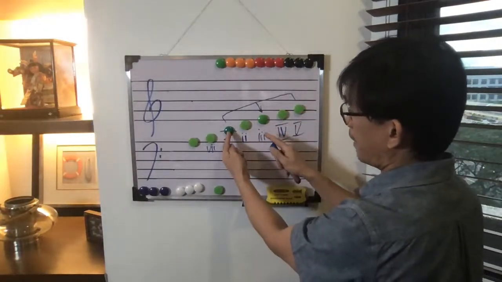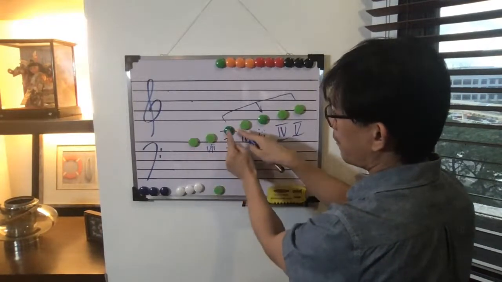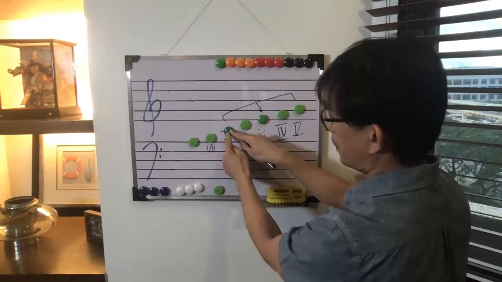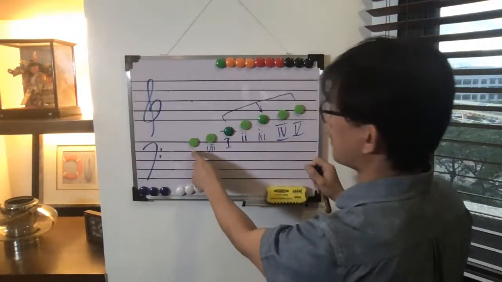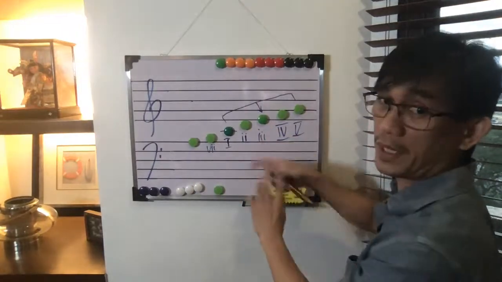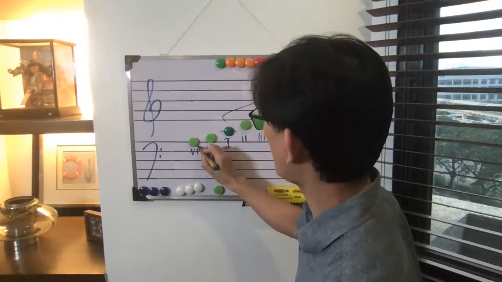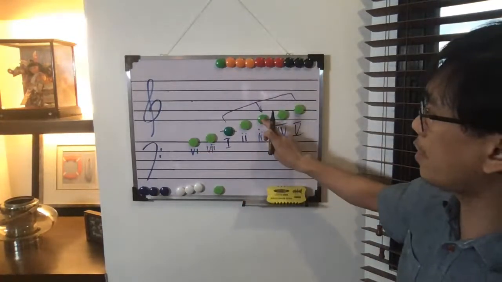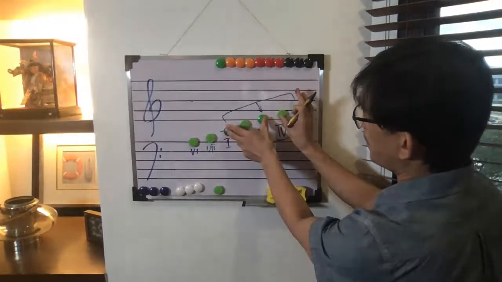Now, since this is equidistant from the tonic to here and from the tonic down to the lowest tone there, we would call it submedian. That's why the sixth tone is actually called submedian. It's lower than the median, lower than the middle. It's a lower middle.